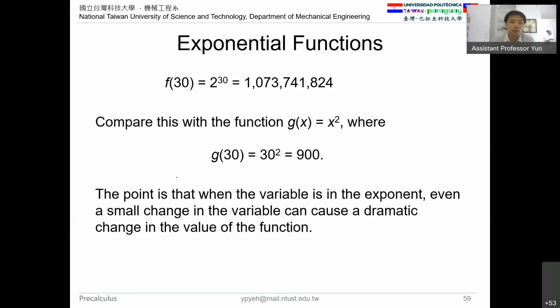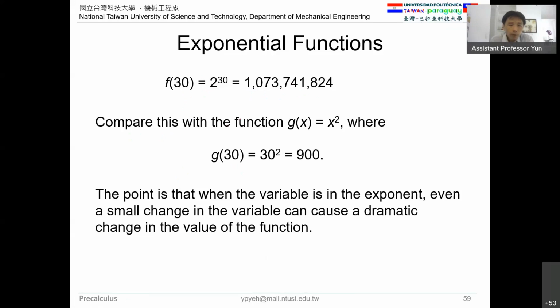In the case of f of x when x equals 30, f of x equals 2 to the power of 30 here, which will be more than a billion.